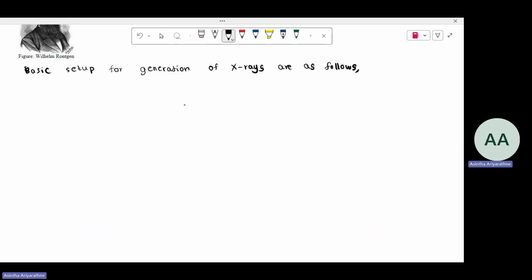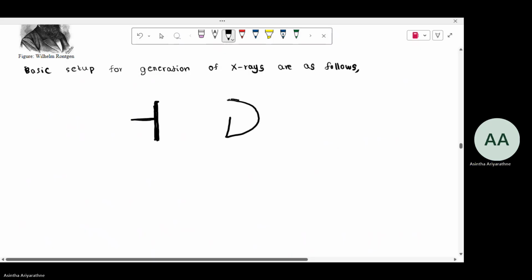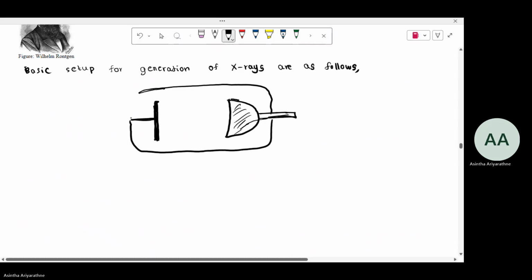So there is a cathode and an anode, which is called the target anode. This is a vacuum.